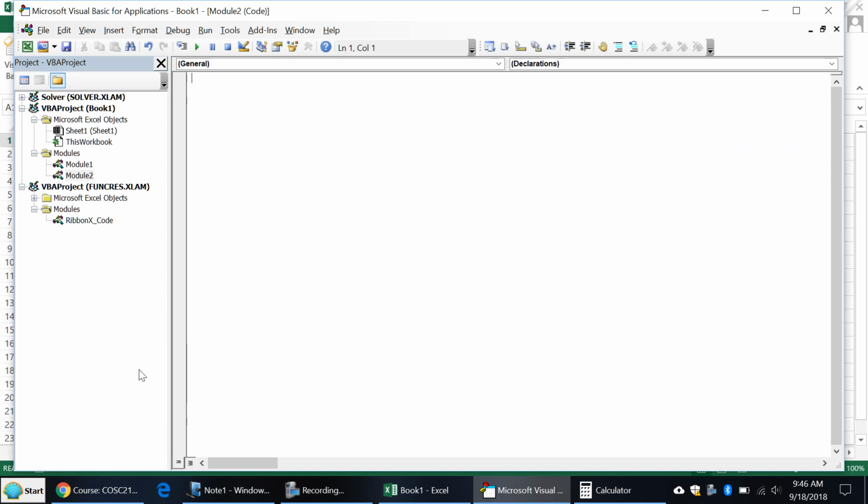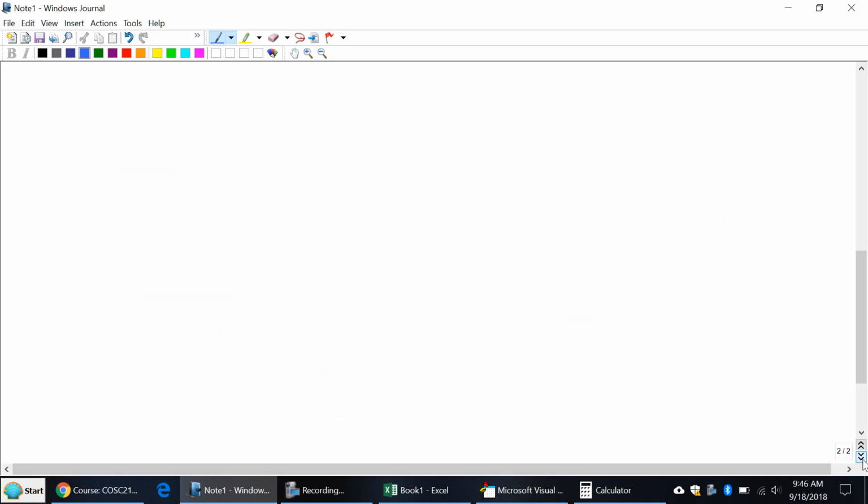All right, let's go through now and let's insert another module. And let's call this one, let's say subfactorial, like this. So is everyone in here familiar with the factorial function? So if you see something like 4 factorial, do you know how to calculate that? Did you ever come across that at any point?